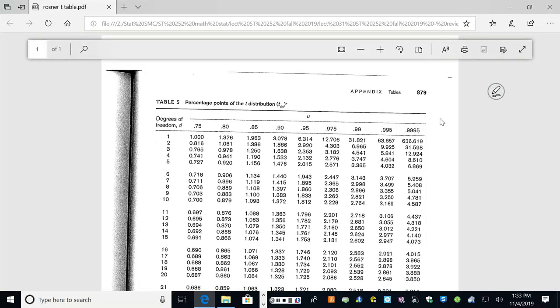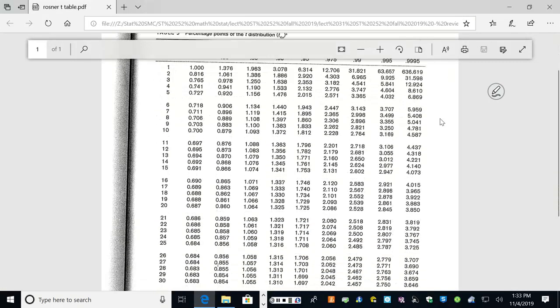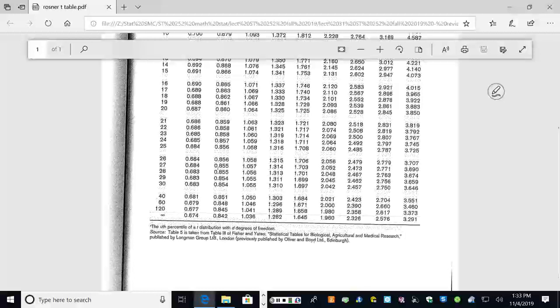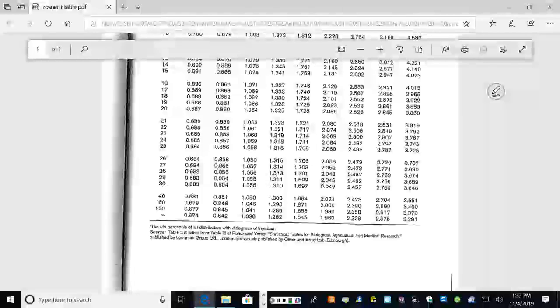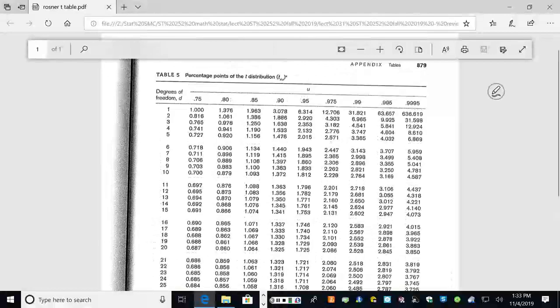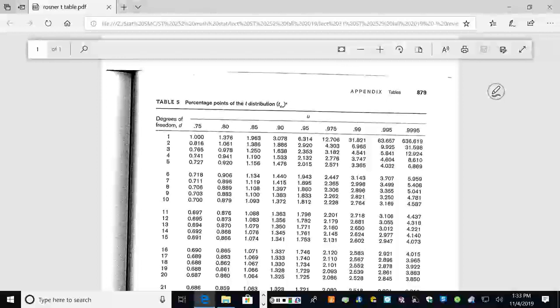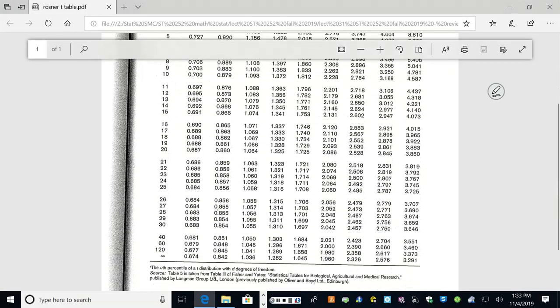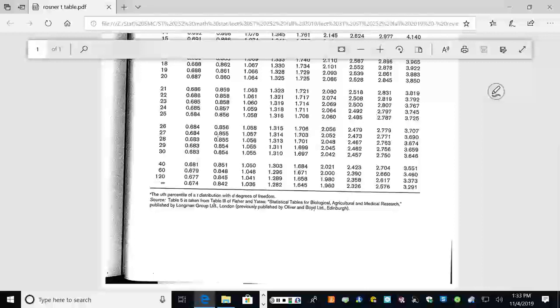So the way this table goes is there's degrees of freedom for a T procedure. At the very end, at infinity, this is equivalent to the normal. And these are the different percentiles, like the 0.975 percentile is used for a two-sided 95% confidence interval. At the bottom is 1.96 for the normal.